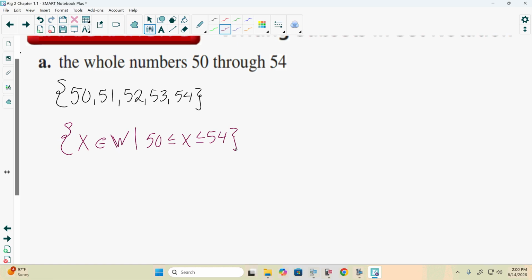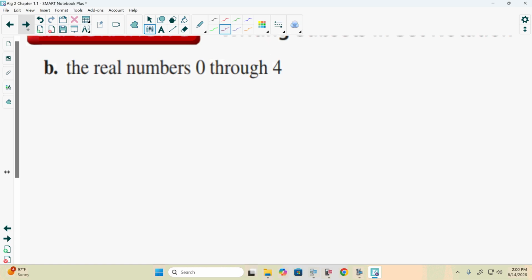Questions on this here? The real numbers 0 through 4. It's not possible to write the real numbers 0 through 4. We saw that the other day, yes? We didn't even get to 1 by listing them all out, let alone 4. So here we have to do set builder. Brace x bar, because we're talking about the real numbers, yes?